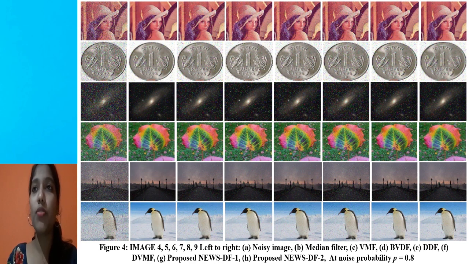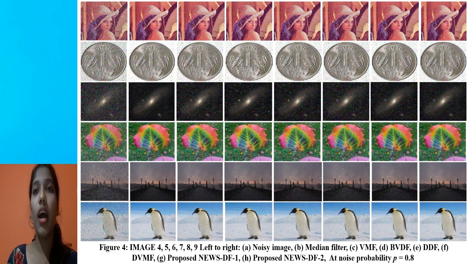It can be observed in figure 4 that the proposed new directional filtering outperforms the directional vector median filtered image and compares well with the other methods by virtue of utilizing the information contained in useful pixels.